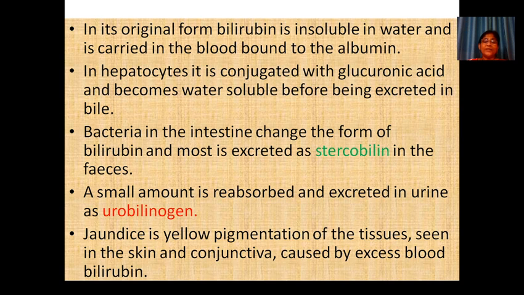A small amount is reabsorbed and excreted in the urine as urobilinogen. Jaundice is a yellow pigmentation of the tissues, seen in the skin and conjunctiva, caused by excess blood bilirubin.